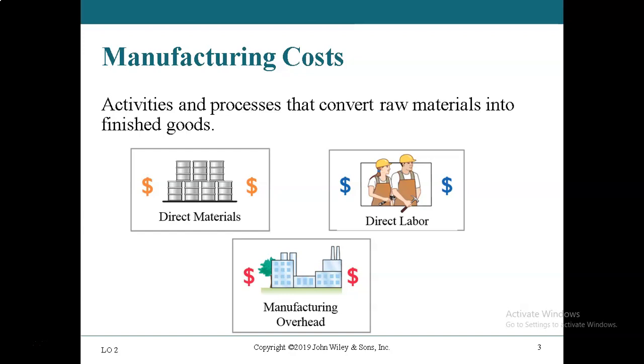Nobody measures how much glue is actually used. So that would be considered manufacturing overhead. What about if I use grease? Nobody exactly measures how much grease I'm going to use to make a car, so that would be manufacturing overhead. What these 3 things have in common is that they're all required to make a product.